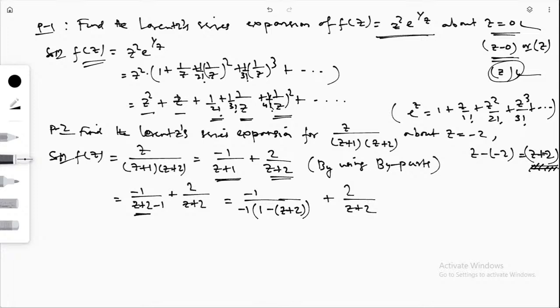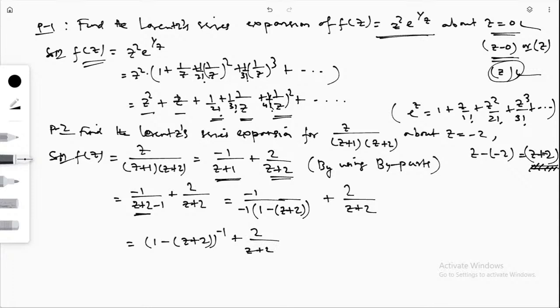So then minus 1 can cancel out, then this is 1 divided by, or you can say this is 1 minus z plus 2 to the power minus 1, then plus 2 divided by z plus 2.